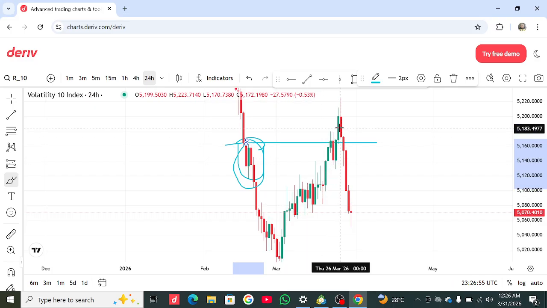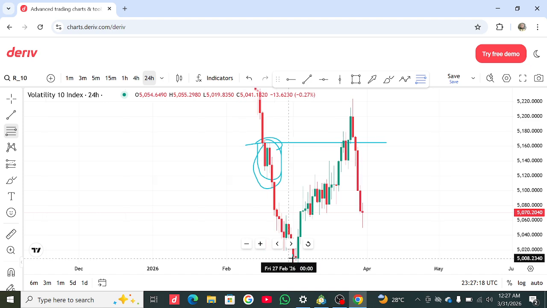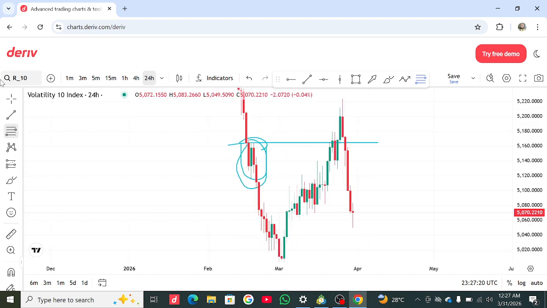If there is a close above here, it becomes a change in the state of delivery. At the end of this, once it happens like this, you wait for it to return into a 50% Fibonacci retracement level before you start looking for entry.